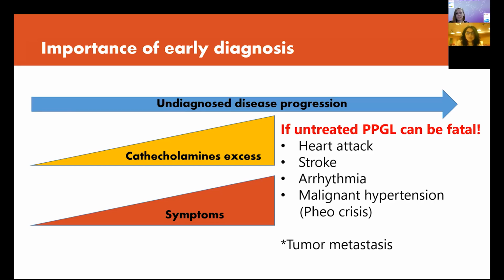If untreated, PPGL can be fatal. They can cause heart attack, stroke, arrhythmias, malignant hypertension. So it's a hypertension that is associated with organ failures. We call it PHEO crisis. And of course, in cases of tumors with greater malignant potential, undiagnosed disease can result in tumor metastasis.